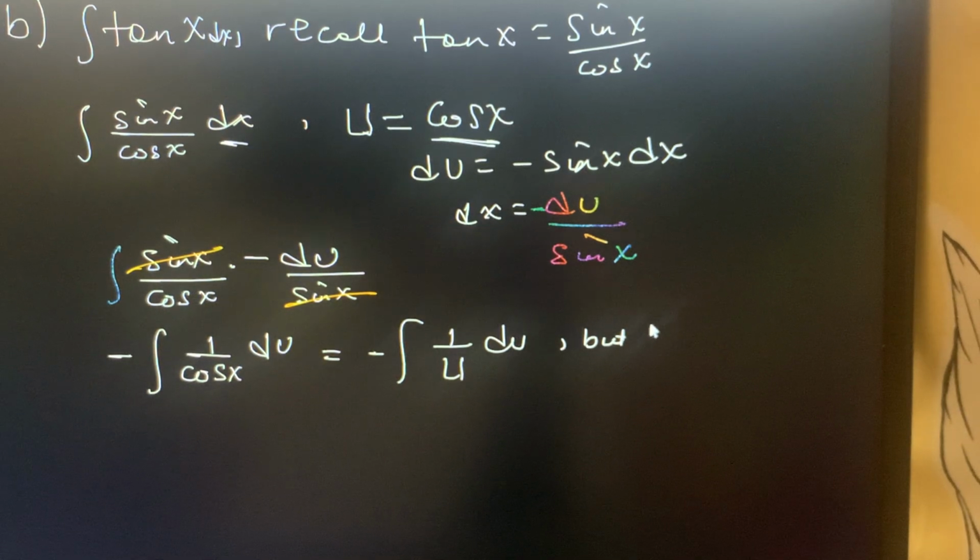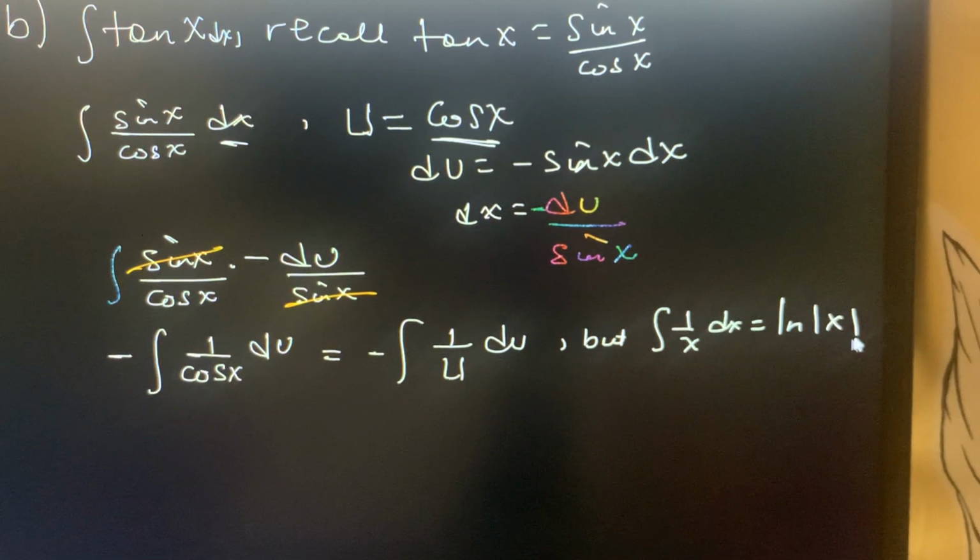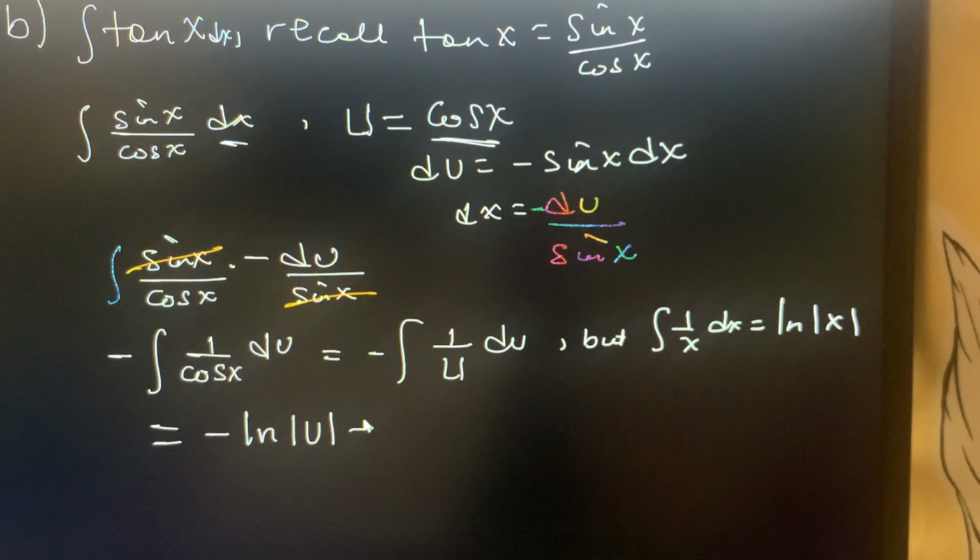The integral of 1 over x dx is ln of x. I hope you remember this one from your previous discussion. So my answer is going to be negative, and the integral of 1 over u is ln of u plus constant.